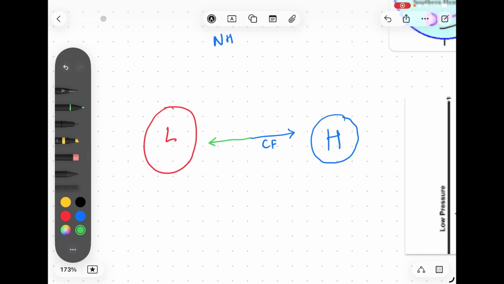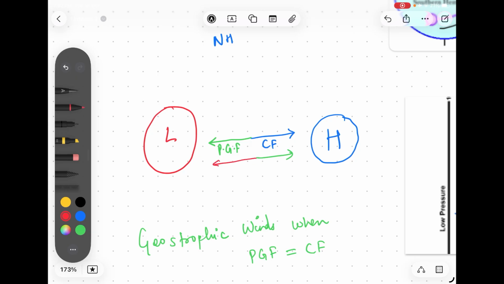So geostrophic winds are the winds that will exist only and only, let me write down the name of the wind, geostrophic winds are the winds that will blow only and only when your pressure gradient force is equal to your Coriolis force. So in the northern hemisphere, due to the rotation of the earth, Coriolis force turns everything to the right, and pressure gradient force already blows from high to low.